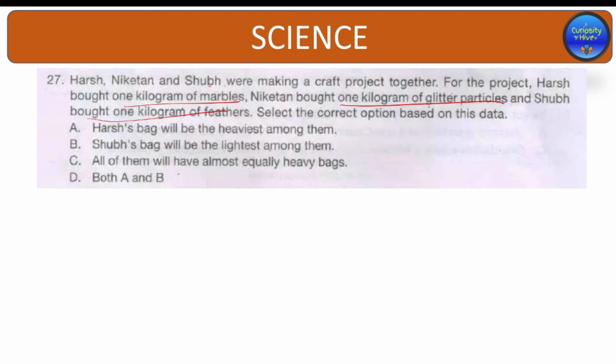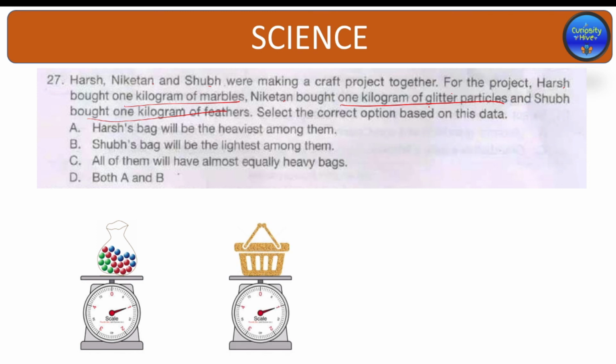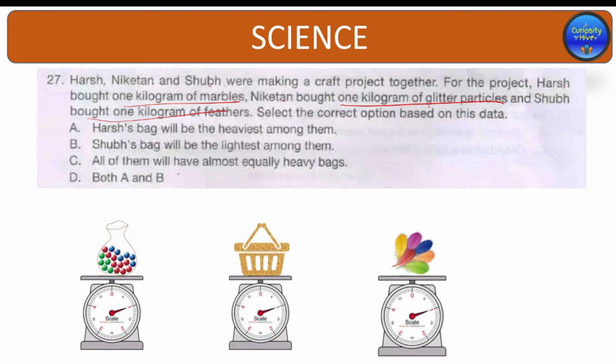This is a trick question because 1 kilogram of marble and 1 kilogram of glitter particles and 1 kilogram of feathers, all of them are equal to the same weight, which is equal to 1 kilogram. So our right answer is that all of them are equally heavy, that is option C.